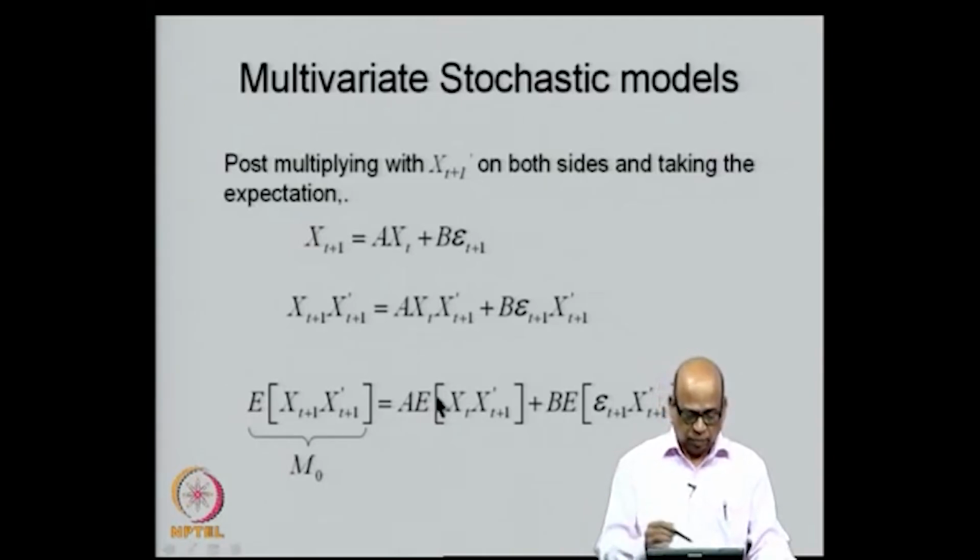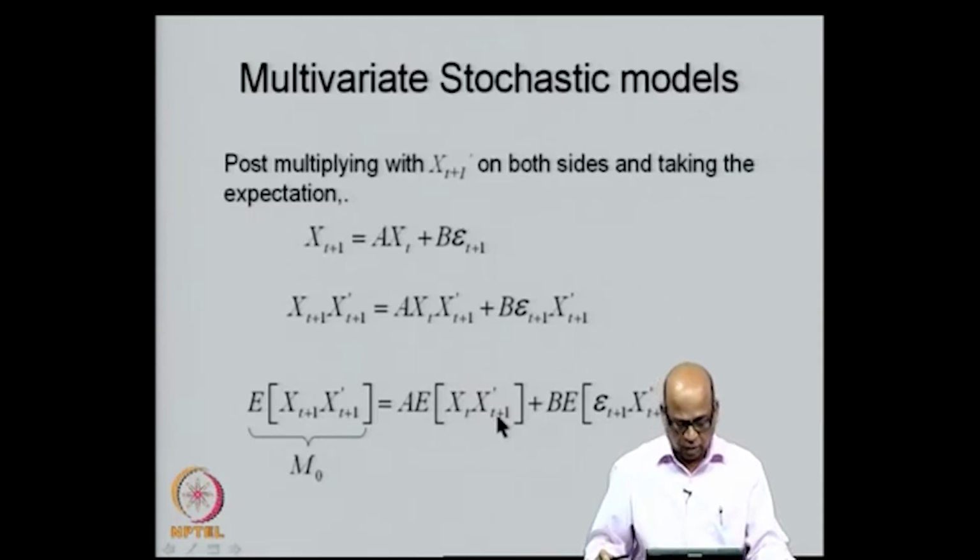So, let us determine these two expectations now. The left hand side is M naught. So, we will start with the expectation of x t x t plus 1 prime.